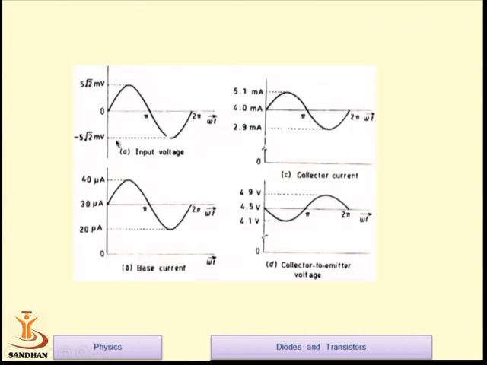See friends, as we apply input voltage to the base of the transistor, due to this base voltage we have some base current, a certain smaller amount of current compared to this voltage. Due to this base current there will be a certain collector current, but a very important thing is that as there is a rise in collector current, a decrement in VCE is observed.